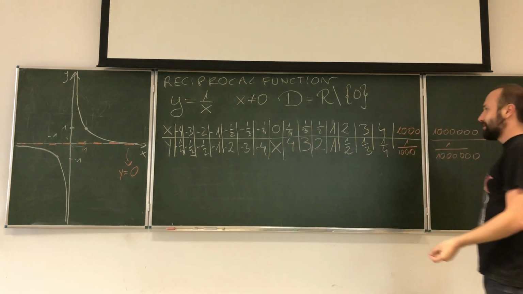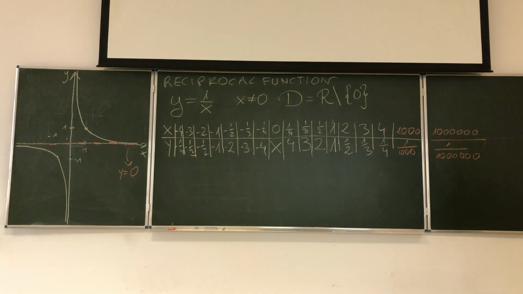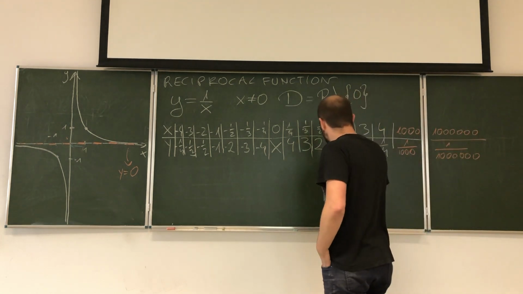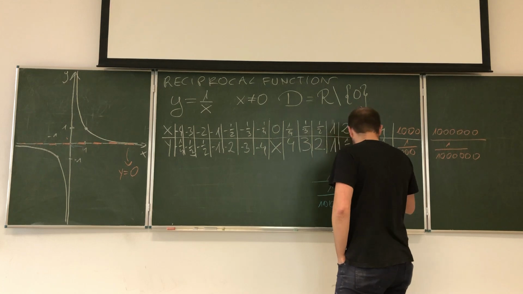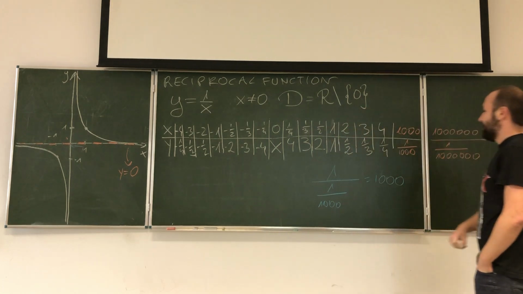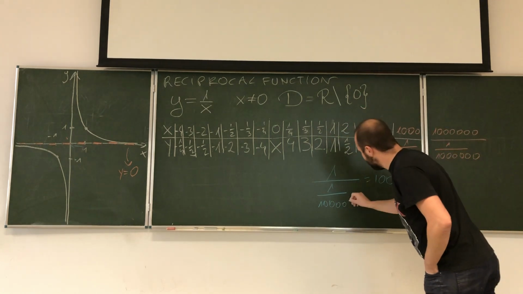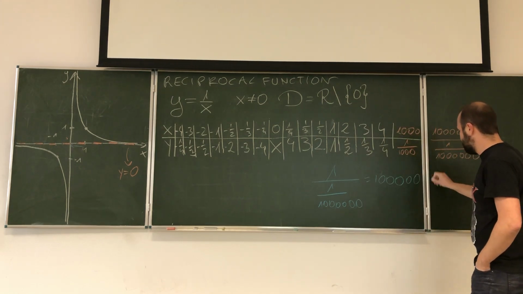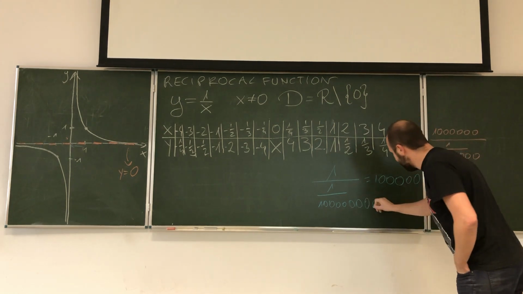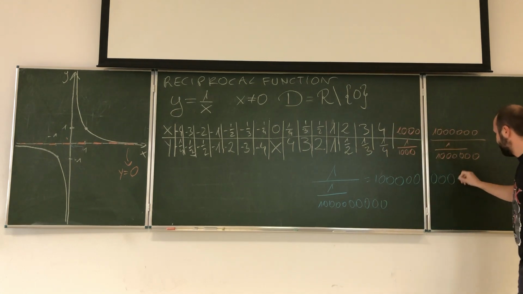And as a result, we are getting a bigger number. Because look, if I take 1 and divide it by 1/1,000, I'm going to get 1,000, right? If I divide by 1 over a million, I'm going to get 1 million. A billion, a billion.